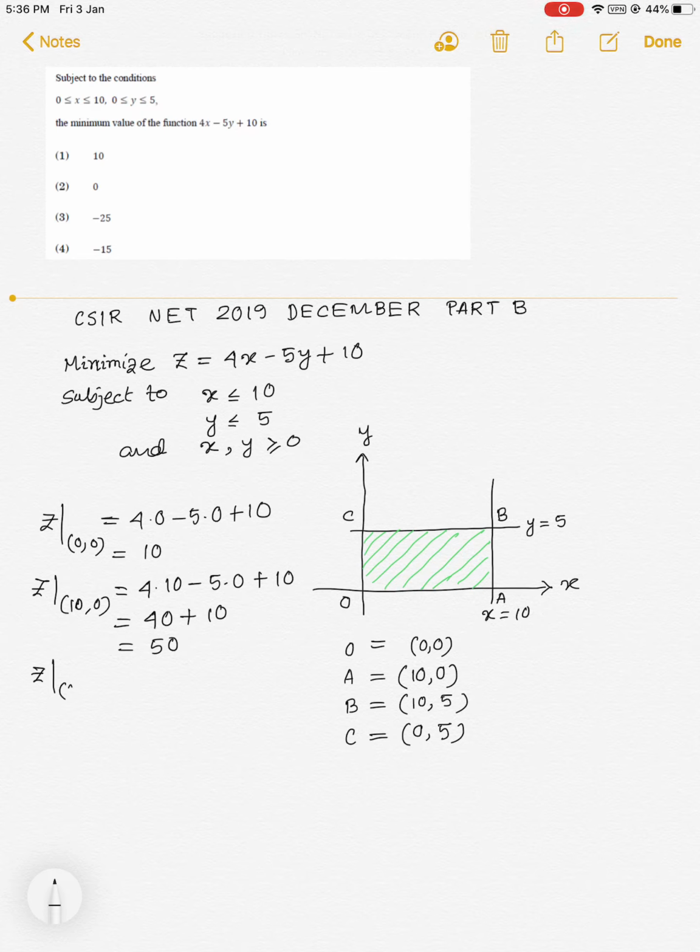Z at 10, 5 is equal to 4 into 10 minus 5 into 5 plus 10, that is 40 minus 25 plus 10, which is equal to 50 minus 25, which is equal to 25.